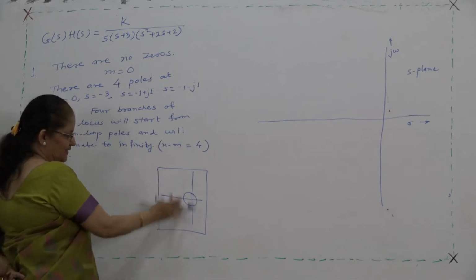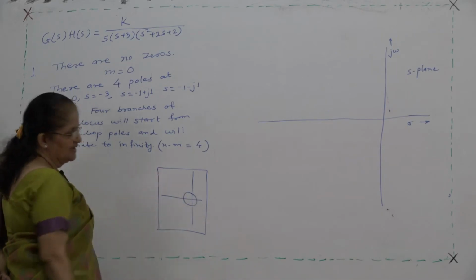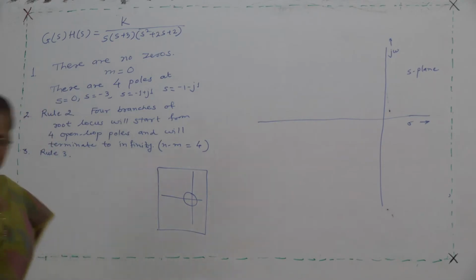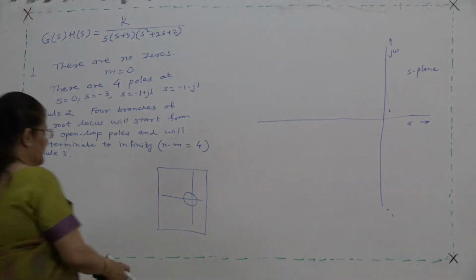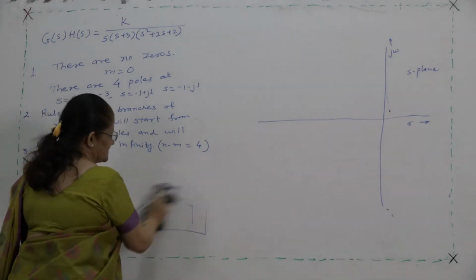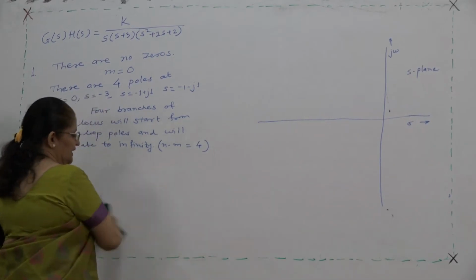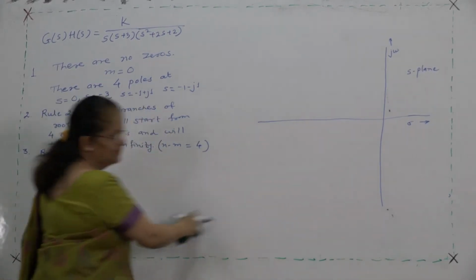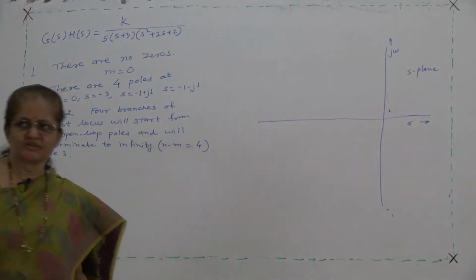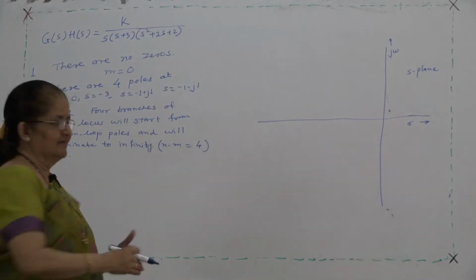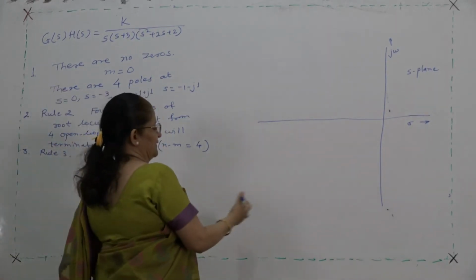Then all other portions of the graph paper remain unutilized. So select the scale properly, so that you get maximum utilization of the graph paper, and it will be easy for you to draw the root locus and determine things afterwards.